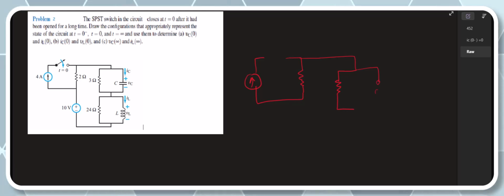The capacitor acts like an open circuit, but it may still have a voltage. And the inductor acts as a short circuit.